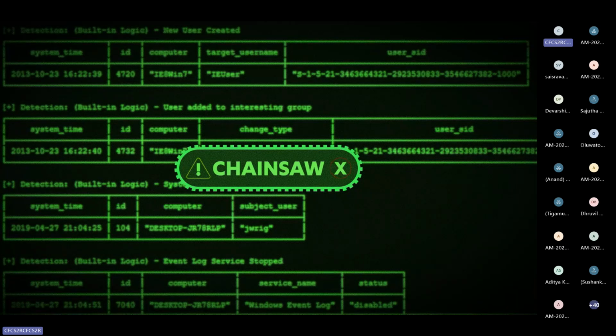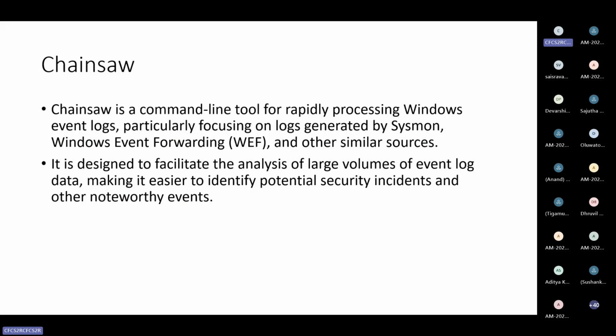So Chainsaw is basically a wonderful tool when we talk about Windows event log analysis. Chainsaw is a command line tool for rapidly processing Windows event logs, particularly focusing on logs generated by Sysmon, System Monitor services, Windows event forwarding, and other similar sources.